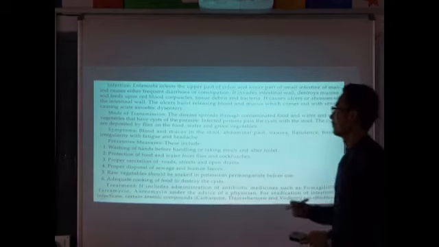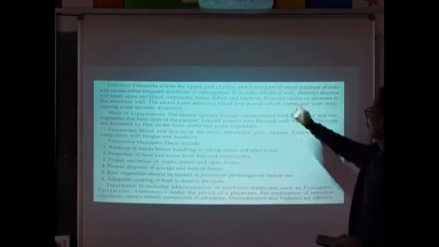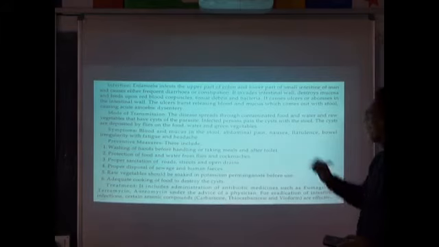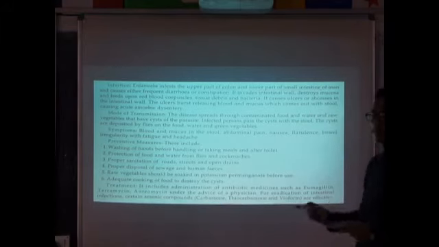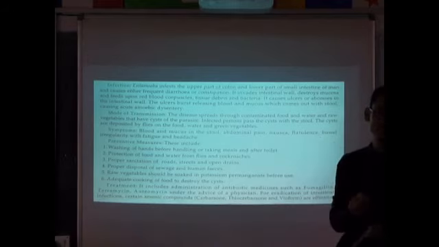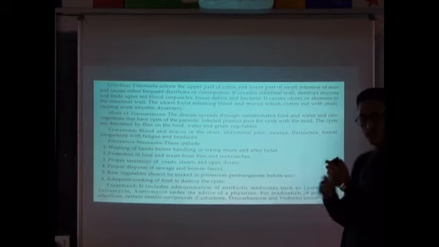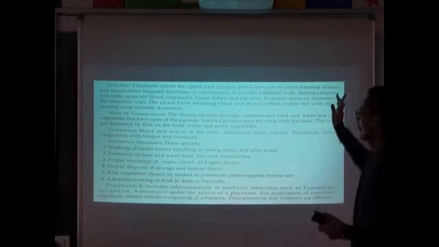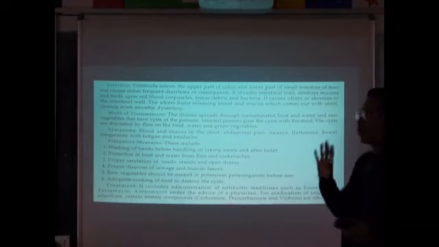Okay. Now, it causes ulcers or abscess. Abscess means the formation of a cavity. Okay, so it causes ulcers, or it will form the cavity or the abscess in the intestinal wall.